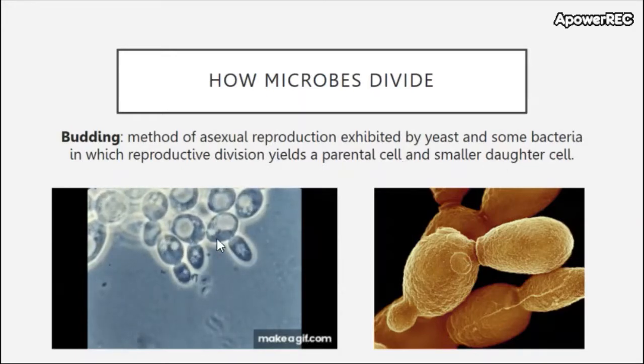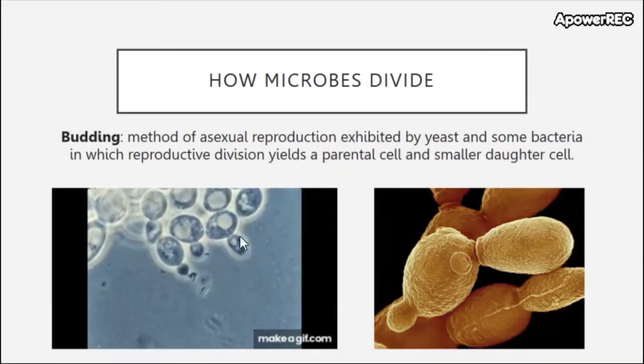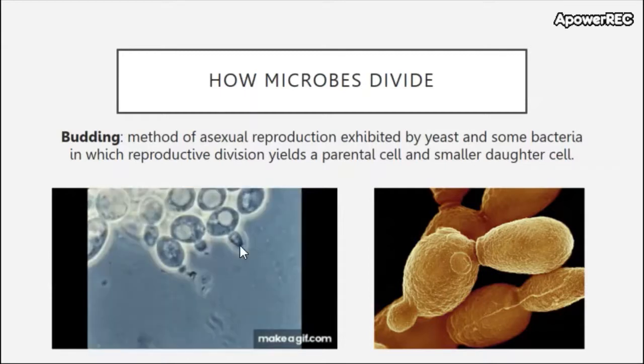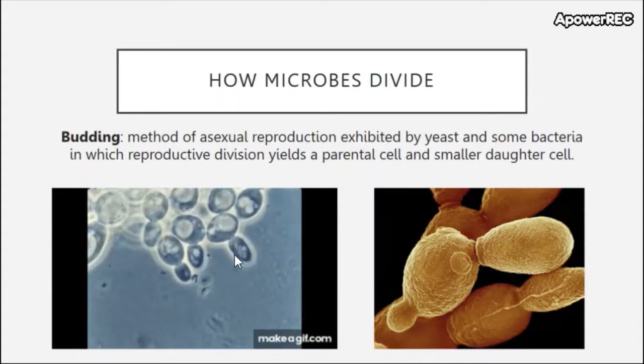So here we can see the parental cell right here, and then this cell is budding off from the parental cell. And this creates, it's not binary fission, it doesn't create two equal cells entirely.